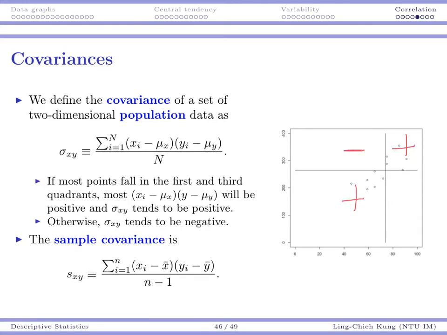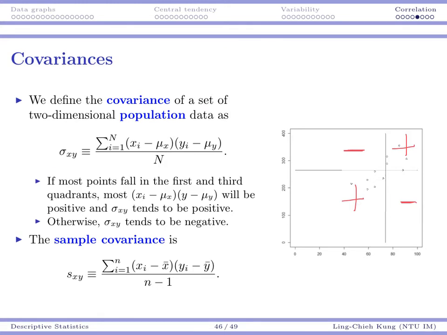But if I have points in the second or fourth quadrant, then I have negative terms in my summation. After summing up all of them, I get an aggregate measurement for all these relationships. And then I do a simple average to get the covariance.